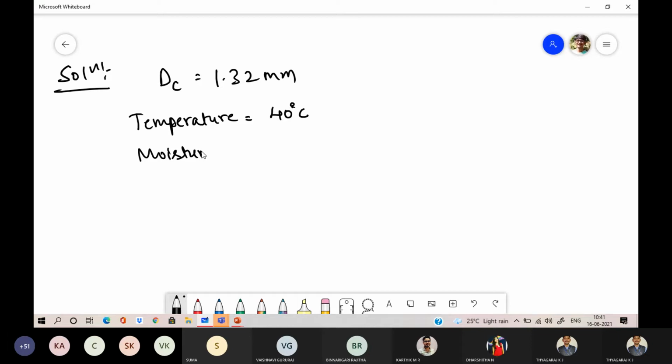Moisture content 5.5%. Then what is the annual rainfall? Annual rainfall 950 mm. So make a statement here.